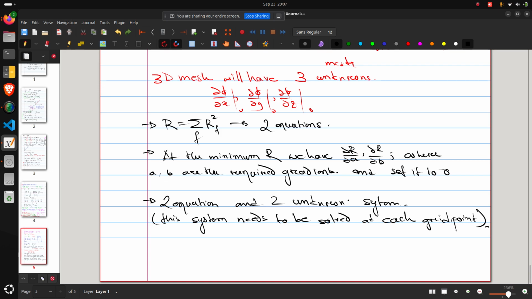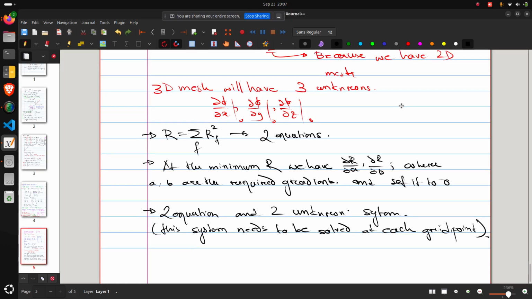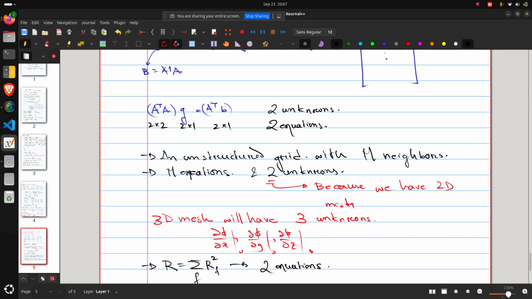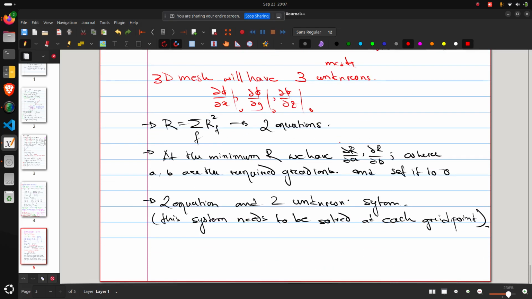So we have these two equations and two unknowns at each grid point, and only for a 2D problem. So let me just write it here: only for 2D, right? Because for 3D we will have a 3 equation system, so 3 equations and 3 unknowns.